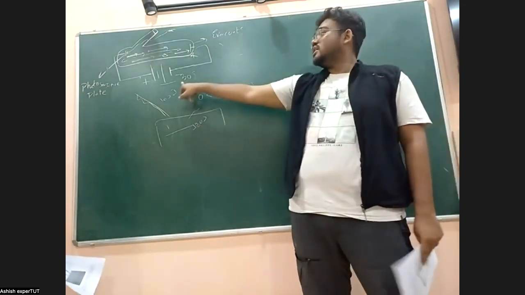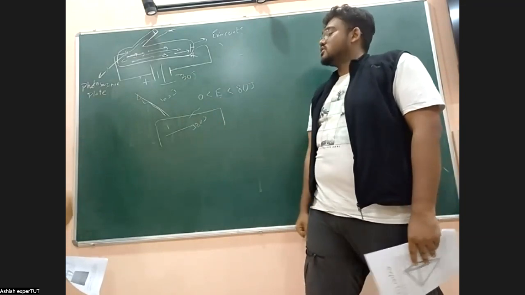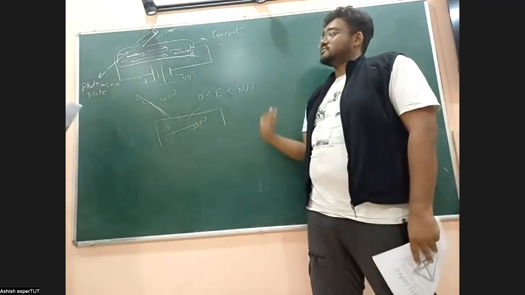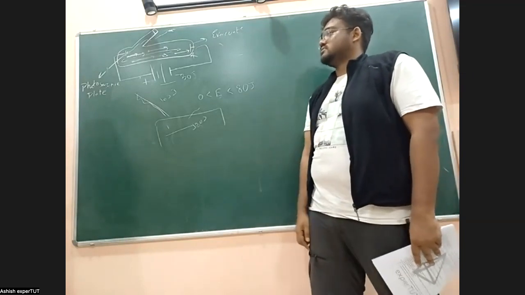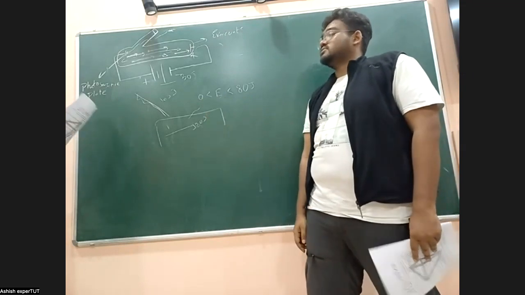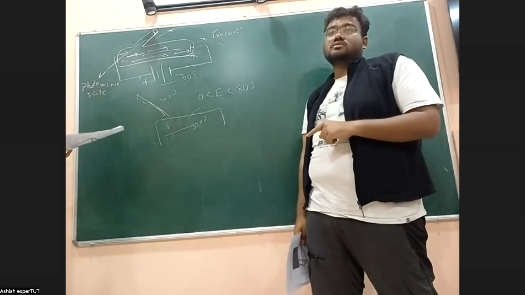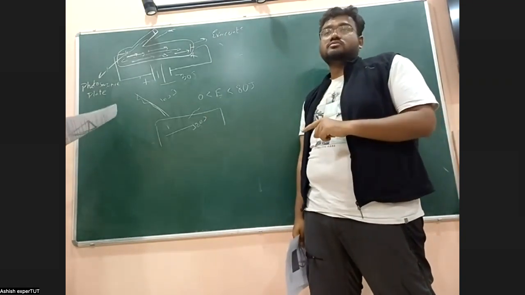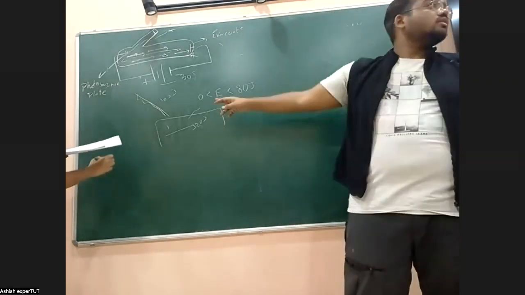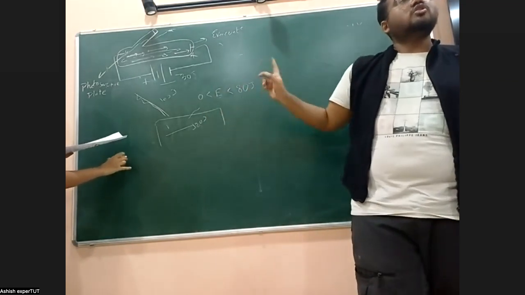Now you are helping with 30, so everything will be increased by 30. 80 will become 110 and 0 will become 30. So it is not just 30 to 110. It is 0 to 110, because there are some electrons which are not helped out. So it is 0 to 110. Okay.